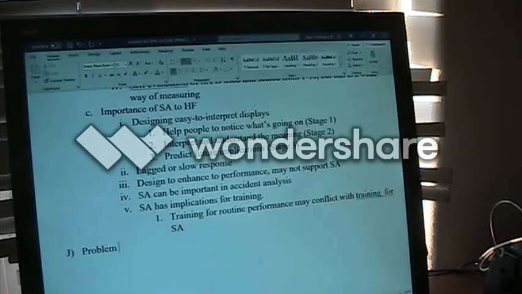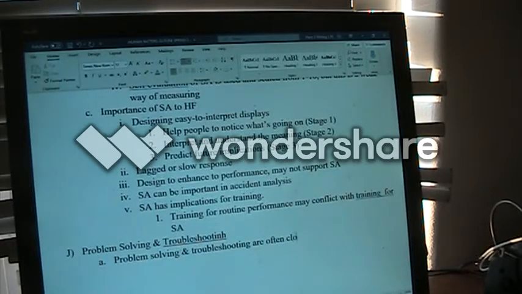All right, so let's move on to problem solving and troubleshooting. Problem solving and troubleshooting are often very closely linked.